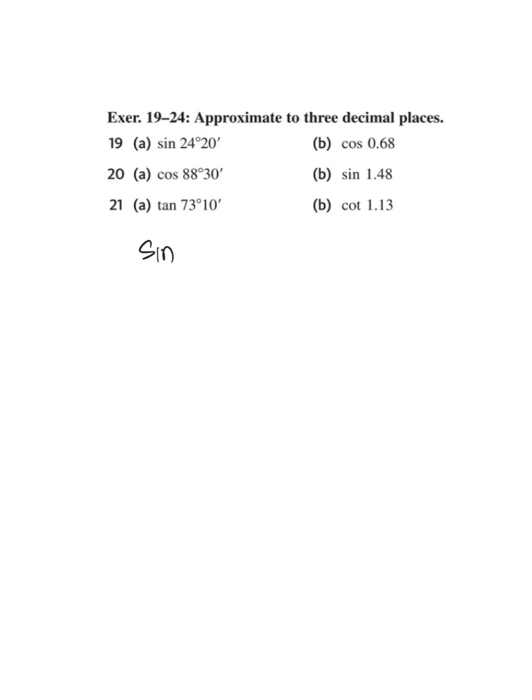So what it wants is the sine of 24.33 repeating degrees. So put your calculator in degree mode and take the sine of 24.33333, and you should get 0.412. So that's number 19.